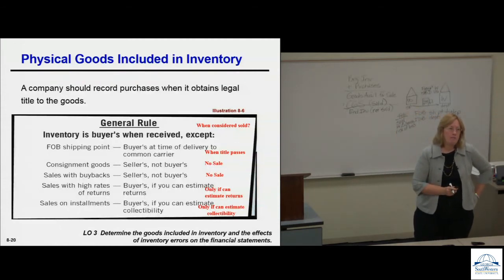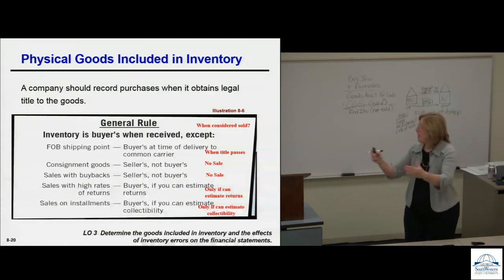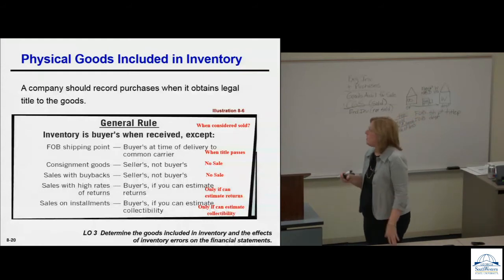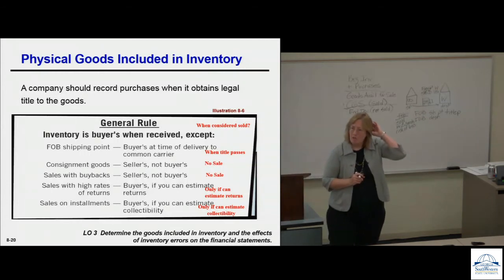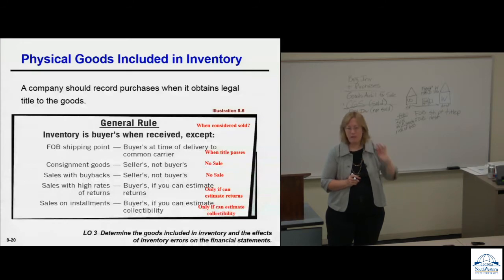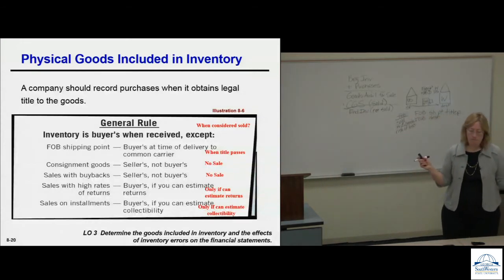That doesn't sound like a sale, does it? No, because it's a buyback agreement, okay? So there's no sale at that point. That's why we're saying no sale, because all we're trying to do is pump up our sales, okay? So in other words, that's kind of fraud almost, right?